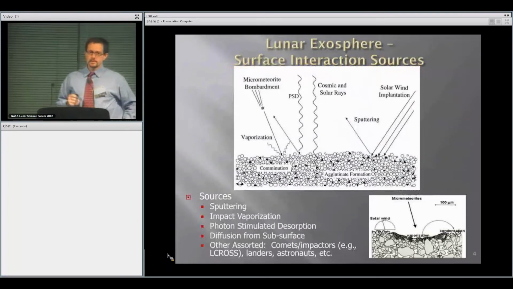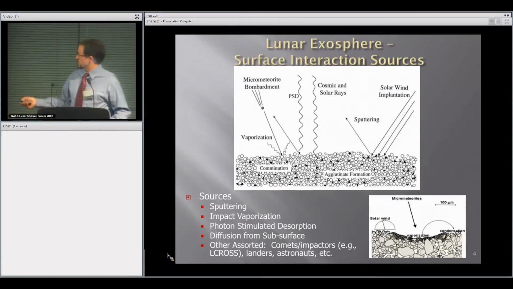Let's go over again some sources for the lunar exosphere. Surface sputtering is caused by solar wind interactions, and solar wind is also implanted within the surface where it undergoes some chemical reactions. Cosmic rays and solar energetic particles come in and interact in the surface, and there are some interesting crater results that Rich Vondrak mentioned earlier on that topic.